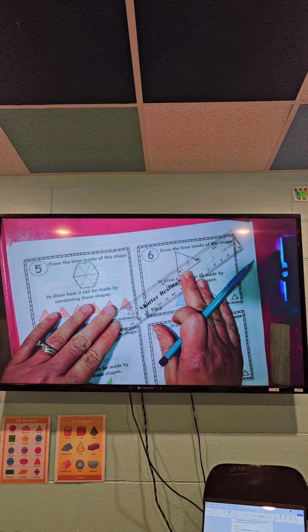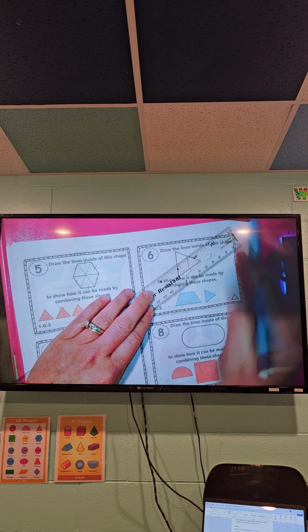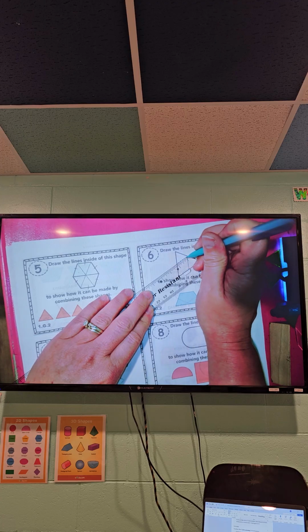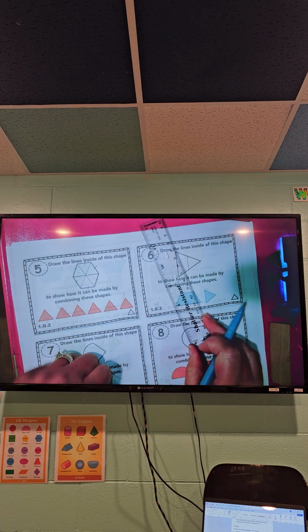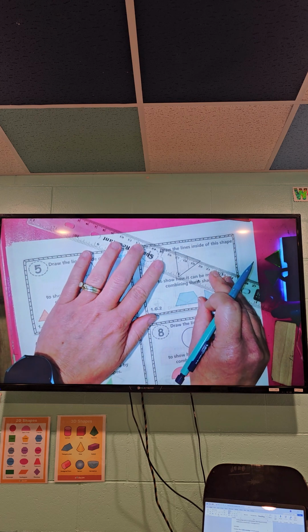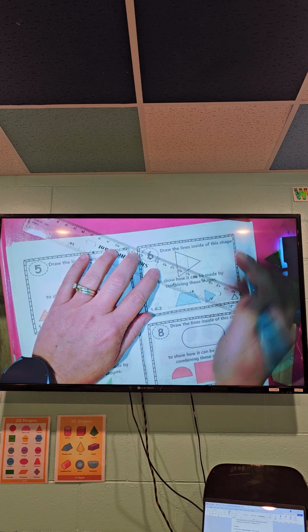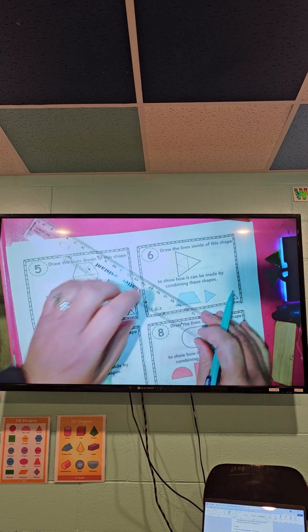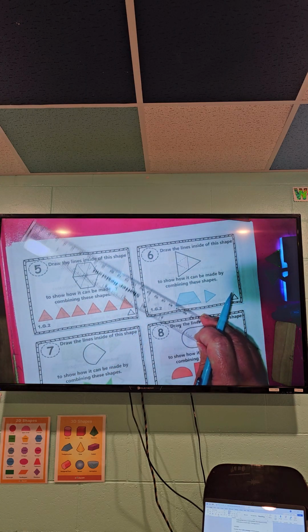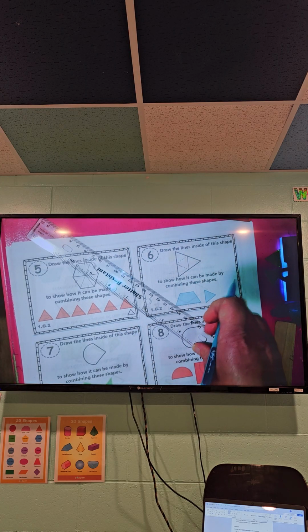So if you did it this way, I'll just do a dotted line. That's correct. If you did it this way, it's also correct. So 3 ways to do that one.